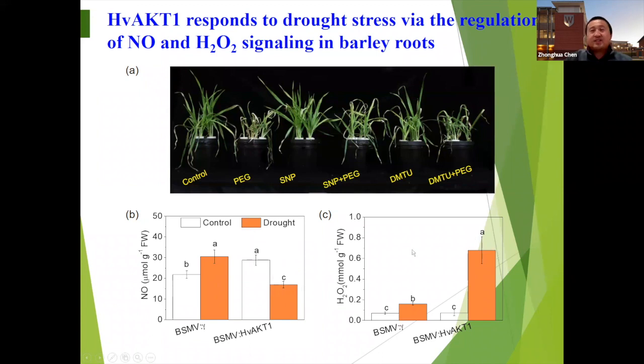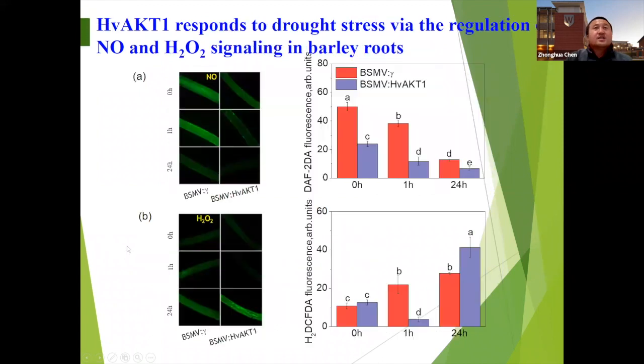So this is again quite an interesting finding of the paper. And that was total content, and we also measured in the root using a fluorescence dye to test the nitric oxide and hydrogen peroxide in the root. So the fluorescence signal shows similar trends compared to the total tissue nitric oxide and hydrogen peroxide content.